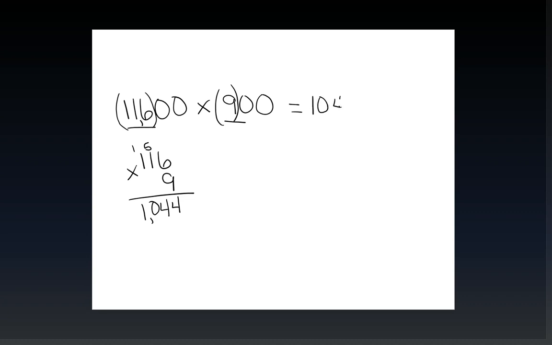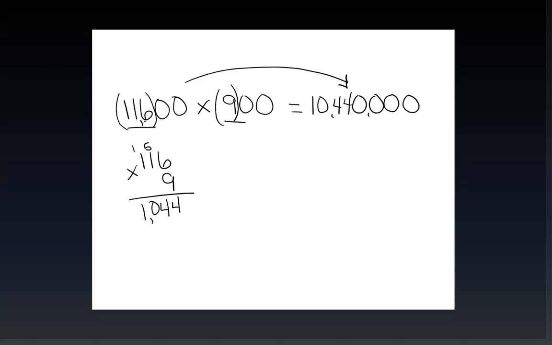I'm not going to put my comma in yet. And then I'm going to go back to my original problem and ask how many zeros were in my total problem. There was 1, 2, 3, 4. I need to take all these zeros and move them to my answer. 1, 2, 3, 4.